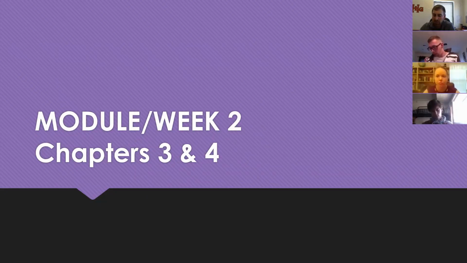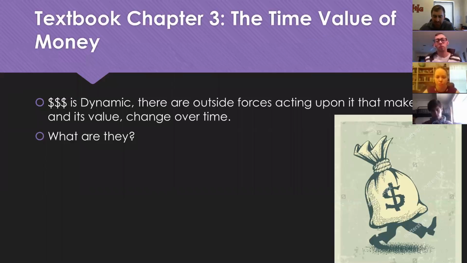So that being said, it's all based upon the idea, and chapter 3 is really the big concept here, that money is dynamic. What I mean by that is that there are outside forces that are always acting upon money and its value, and it makes money change.